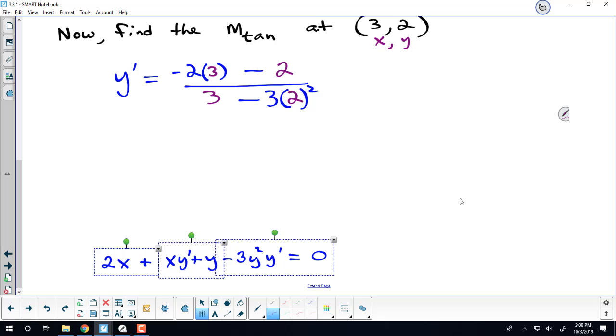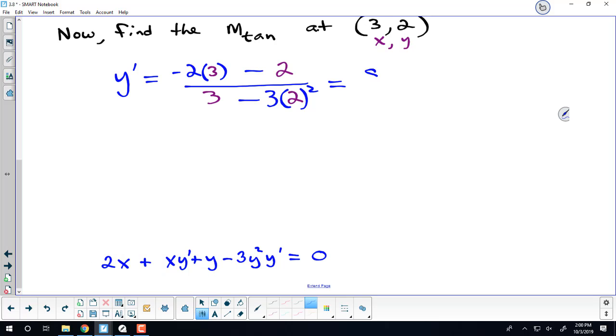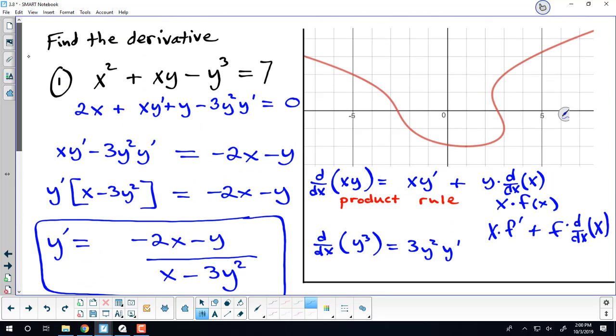So we get 8/9. So that means on this curve at the point (3, 2), the steepness of that curve is 8/9.